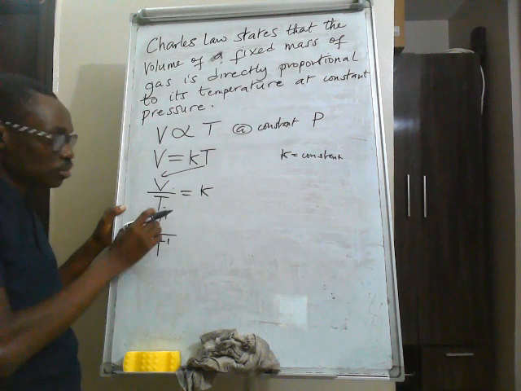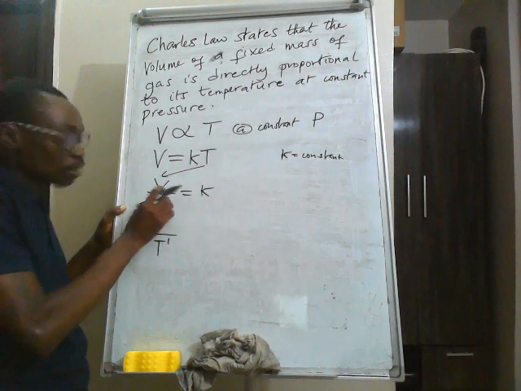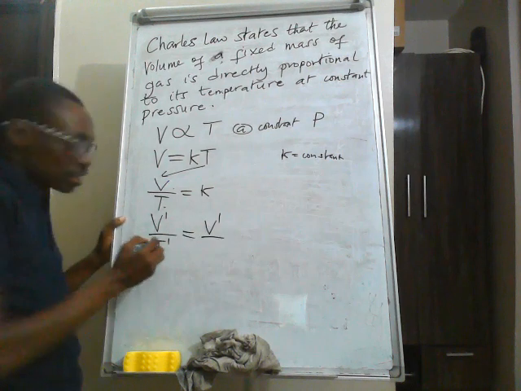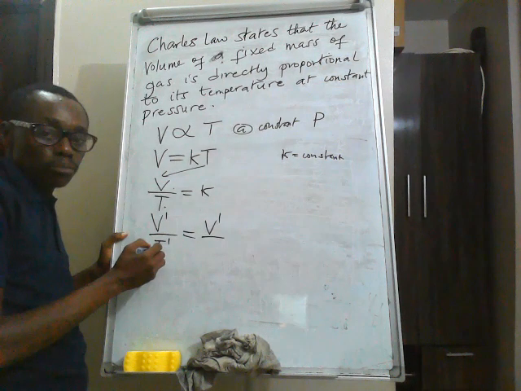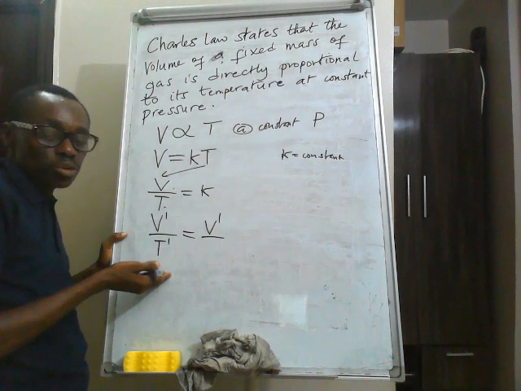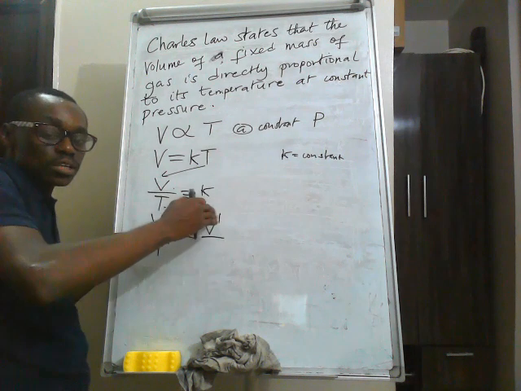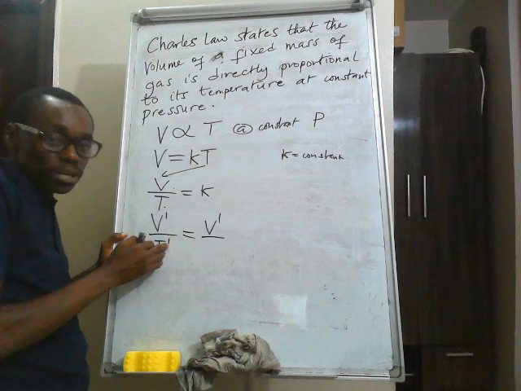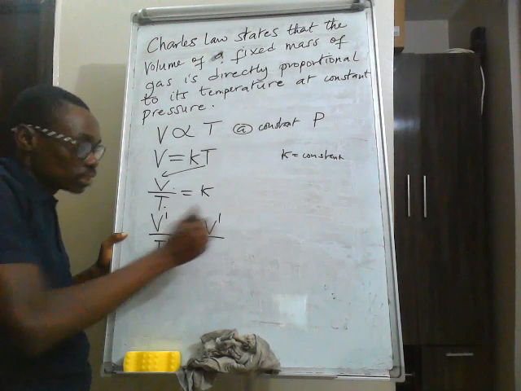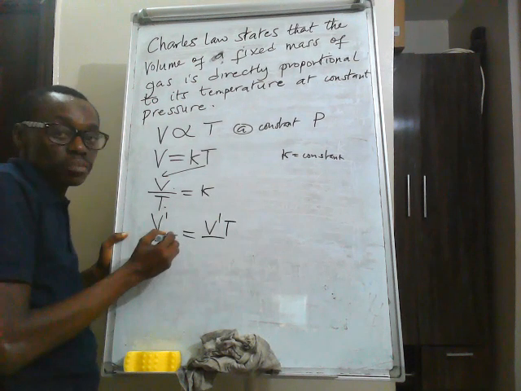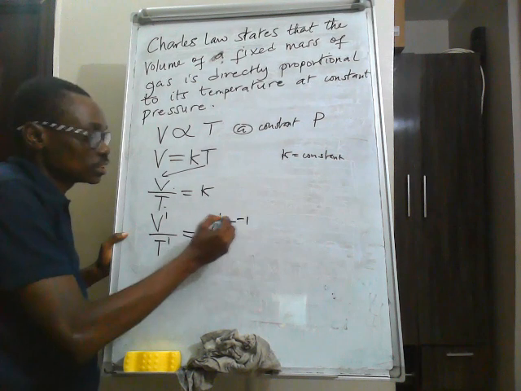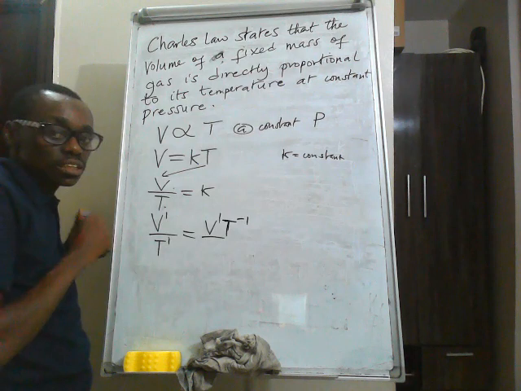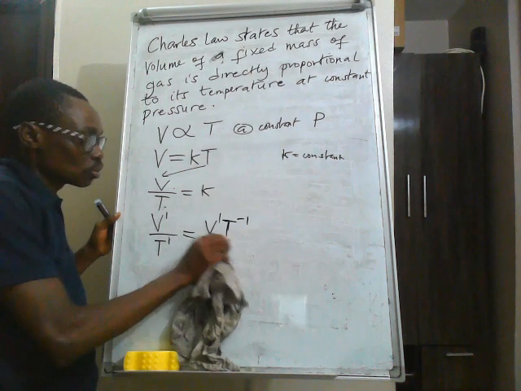So from indices, when you have a positive power in the denominator, if you take it to the numerator, it's going to become negative. So this plus 1, when it goes up, is going to become minus 1. So you have T raised to power minus 1.